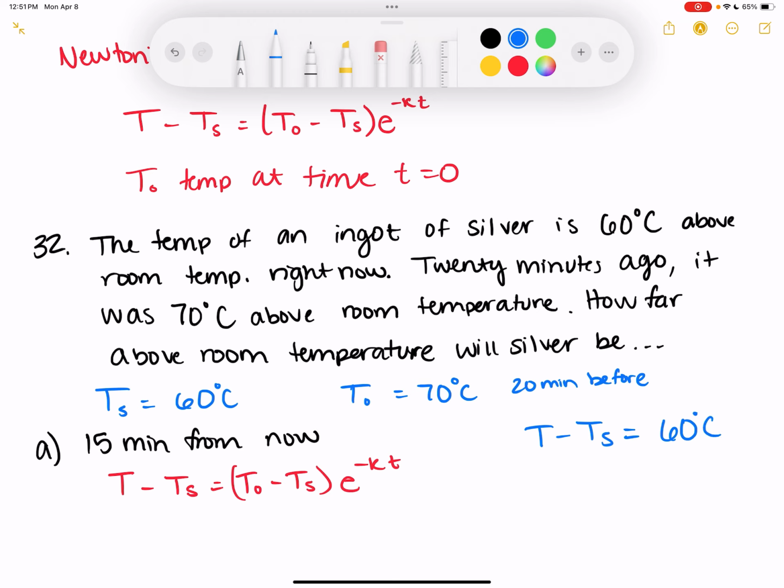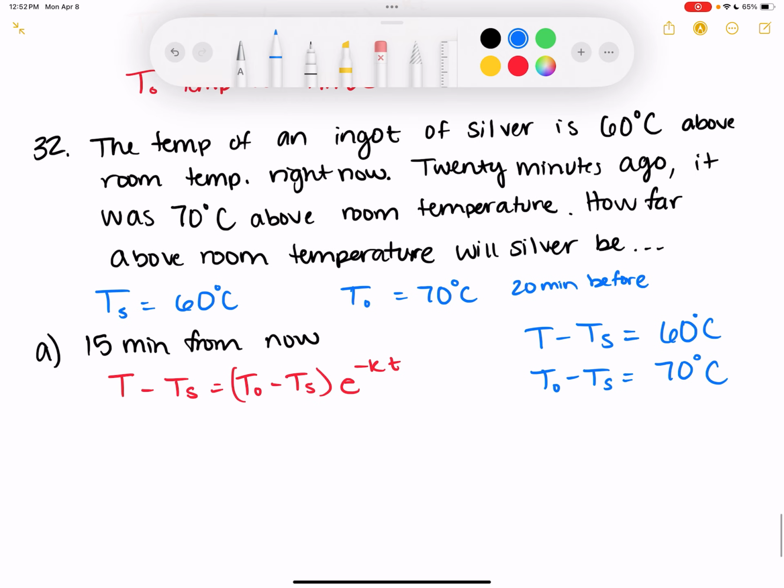Then the T sub 0 minus T sub S is going to be 70, because that would have been the initial value. So then I'm going to replace that stuff over here.